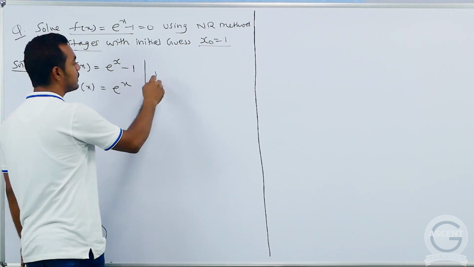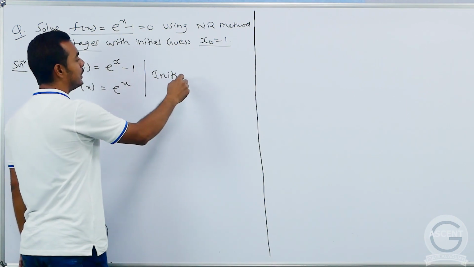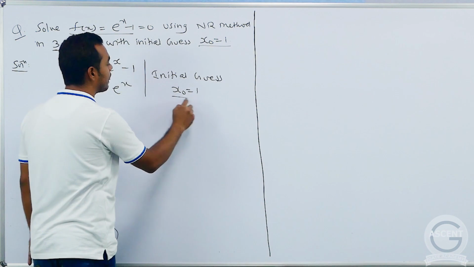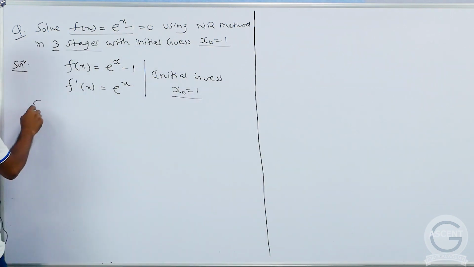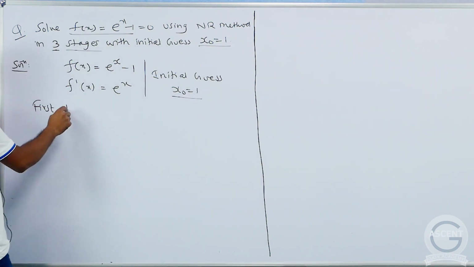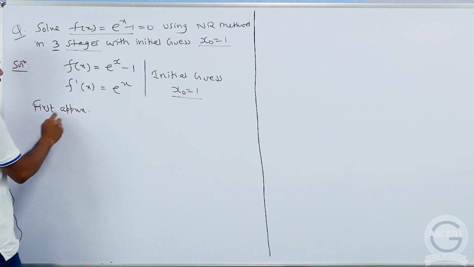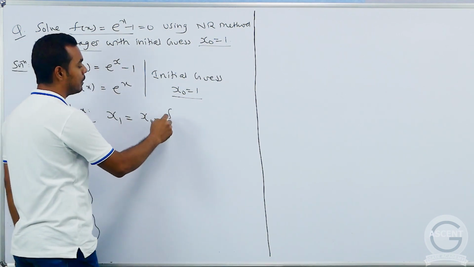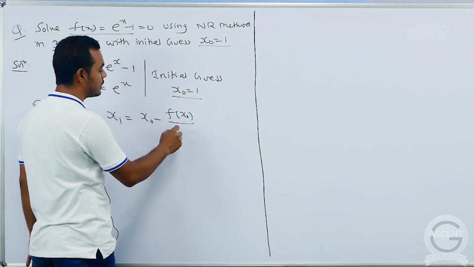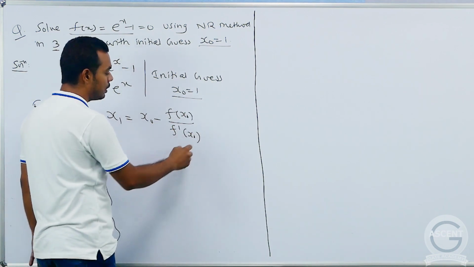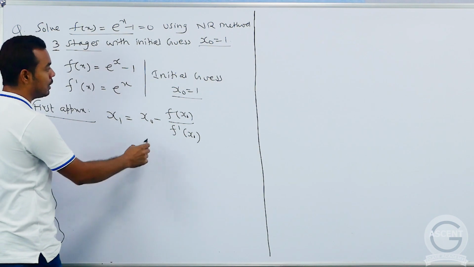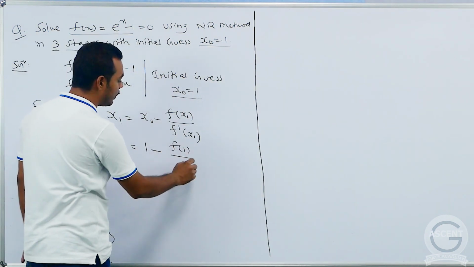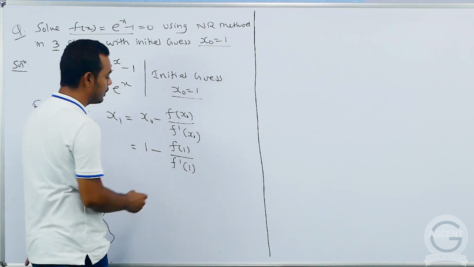The initial guess given to us is x0 equals 1. For the first approximation the formula was x1 equals x0 minus f(x0) divided by f'(x0). So here x0 is 1, so 1 minus f(1) by f'(1), right?